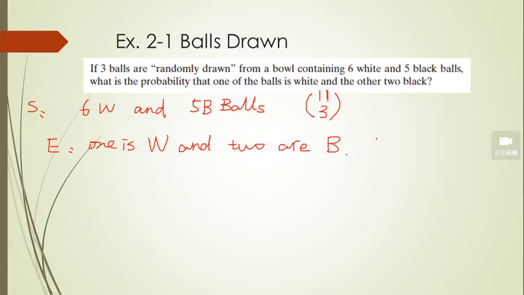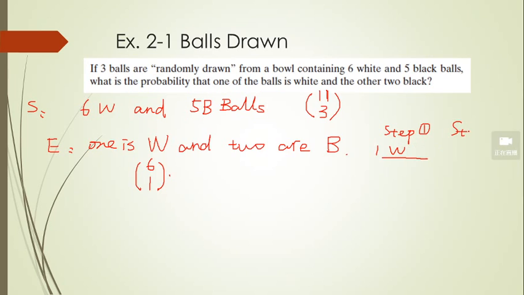So for event E, the combination will be, you choose 1 from white. How many white totally we have? We have 6. You choose 1 from the white, right? So you choose 1 from 6. And then these are the steps. You are going to choose 3 balls. So step 1, you are going to choose 1 white.